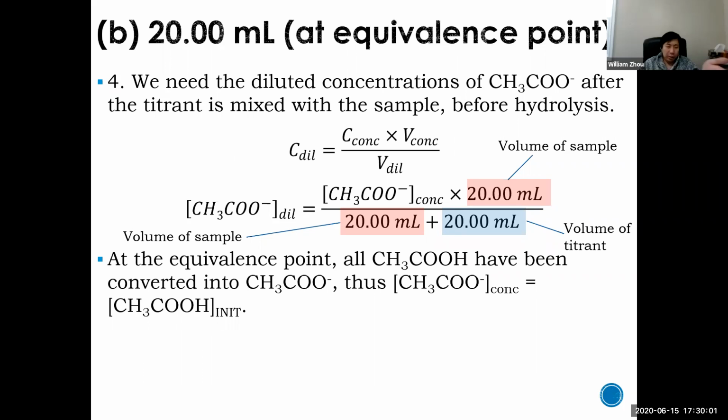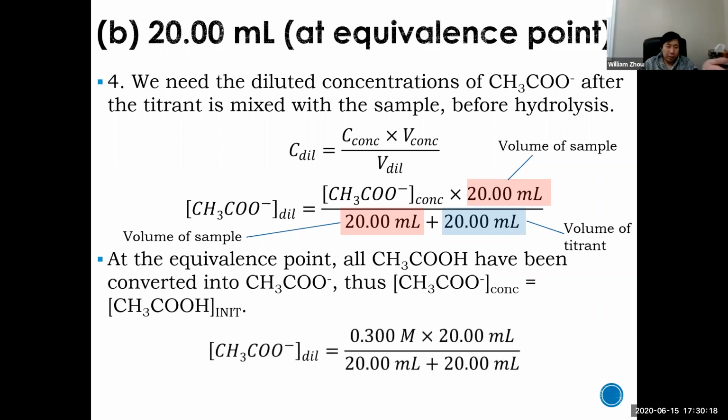All of the acid has been converted to the conjugate base. So the concentration of the base should equal the initial concentration of the acid given to you by the question, which is 0.3 moles per liter. Every single one of them has been converted to the base, so the original concentration should be the same thing. Can you sub this in?